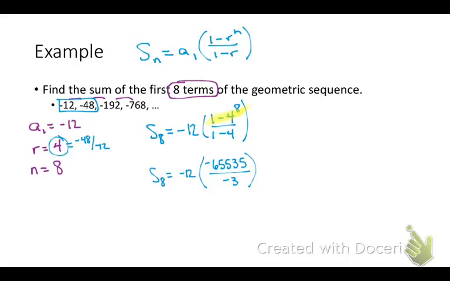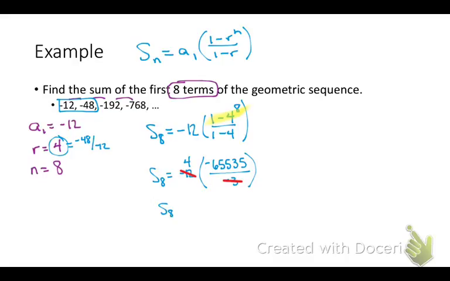Now, if you don't want to divide that number by 3, or negative 3, that's fine. You can cancel this out and turn that into a positive 4 and just multiply it there. Does that make sense? Hey, if you want to cancel things, that's completely okay. I have no issue in you doing that.